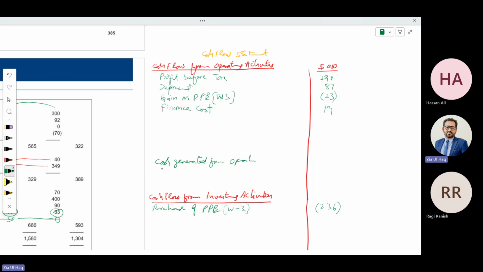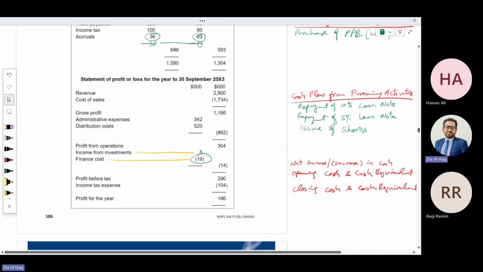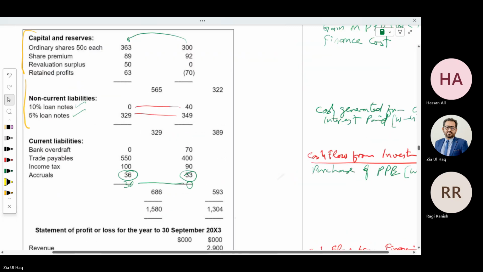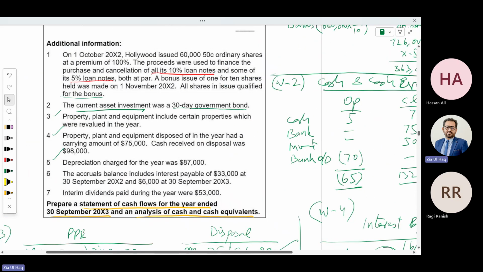And from that we will deduct interest paid, that is 46. From where did we get this figure? Working 4. Okay, let's move forward. 6 is also done.